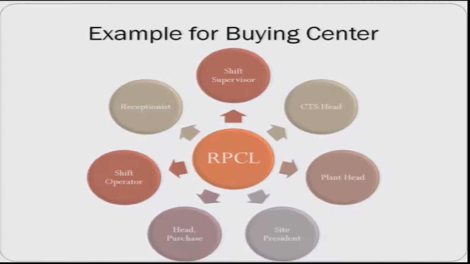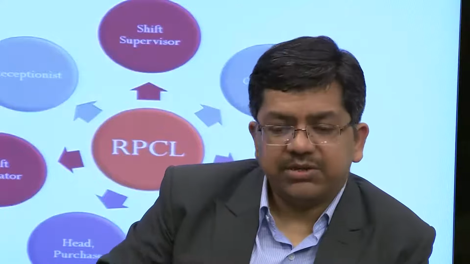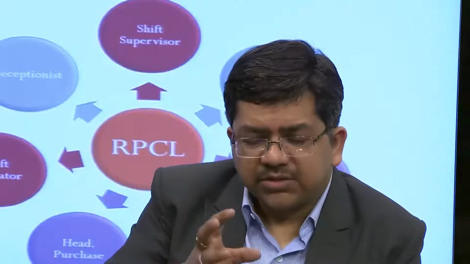You will also see that not in all buying types do all 7 roles come into the picture. You can see all 7 influences probably in the case of new task buying. However, when we talk about modified rebuy or straight rebuy, then some of these roles will not come into the picture, just probably the procurement head and the approver or the decider will tell you what to do.